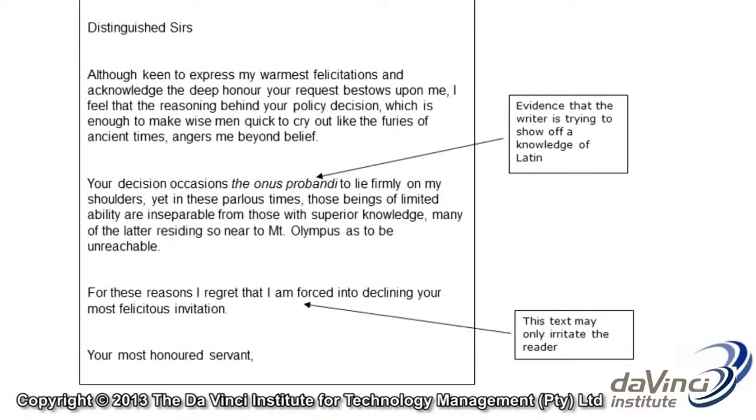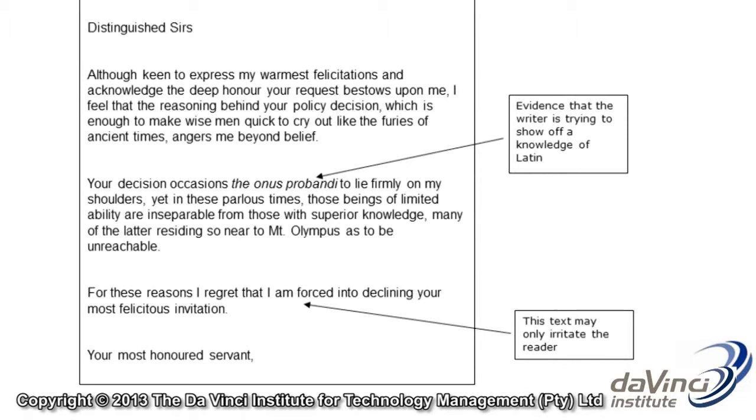Distinguished sirs, although keen to express my warmest felicitations and acknowledge the deep honor your request bestows upon me, I feel that the reasoning behind your policy decision, which is enough to make a wise man quick to cry out, like the furies of ancient times, angers me beyond belief. Your decision occasions the honors properly to lie firmly on my shoulders.